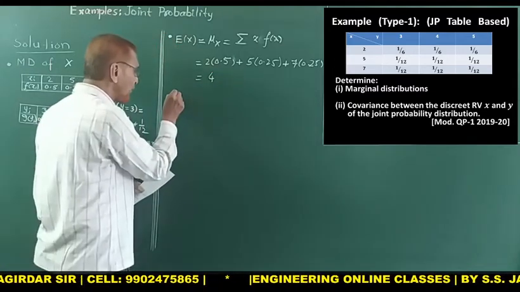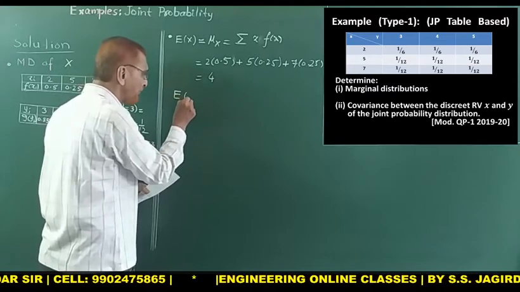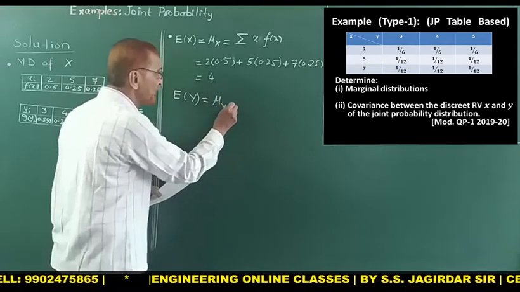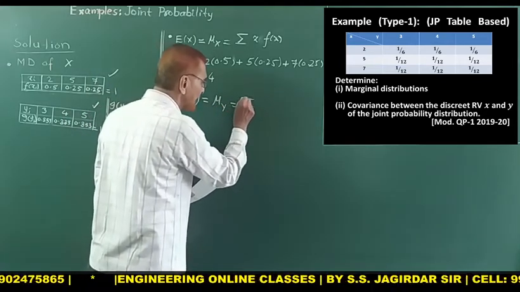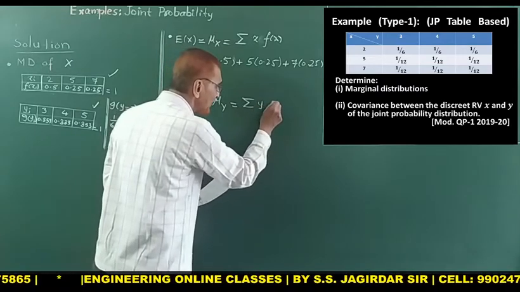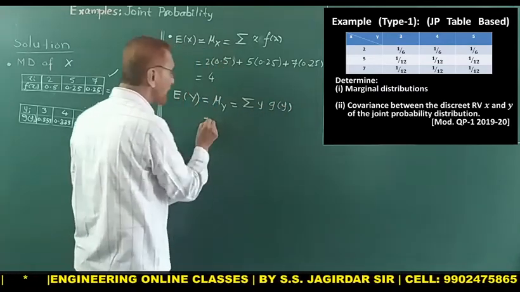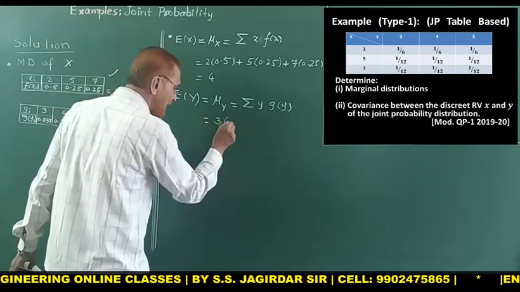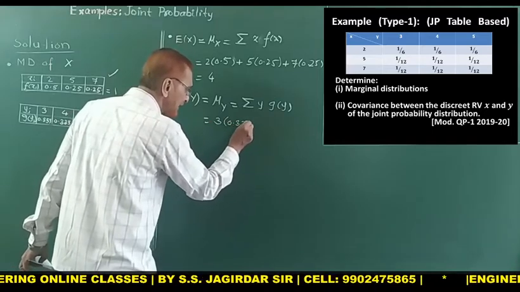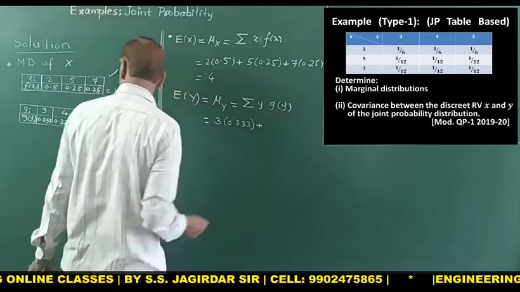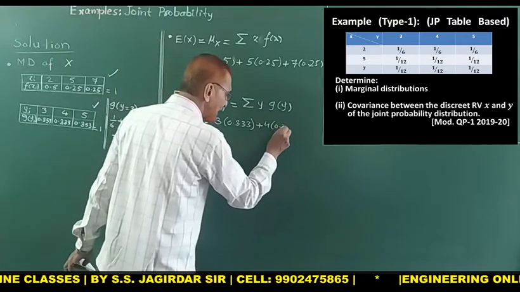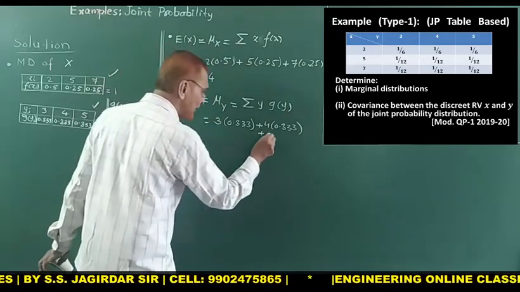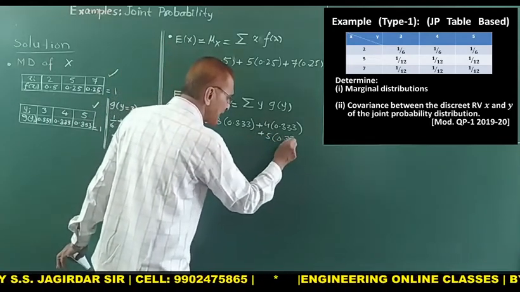Similarly we will go for the expectation of y. Expectation of y, with symbol mu y, has the formula sigma y into g of y, and you can work it out in a similar manner. From the second table, 3 into 0.333 plus 4 into 0.333 plus 5 into 0.333.